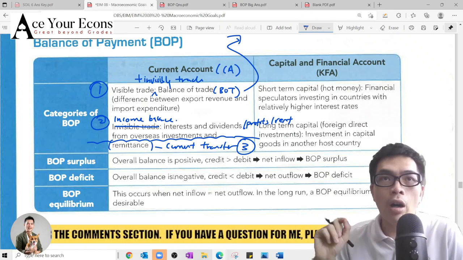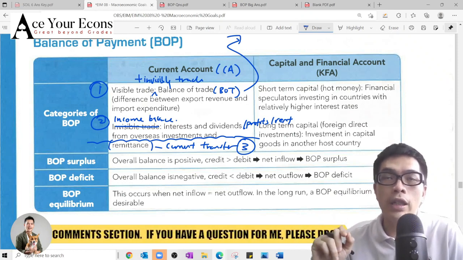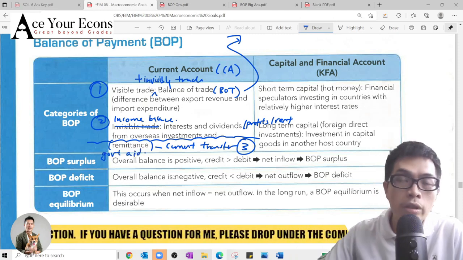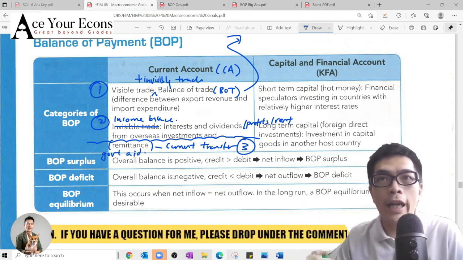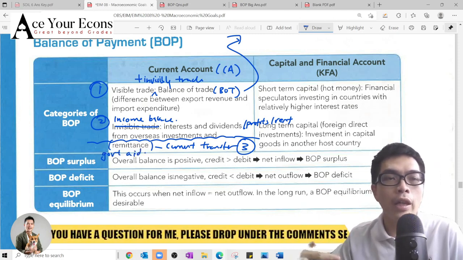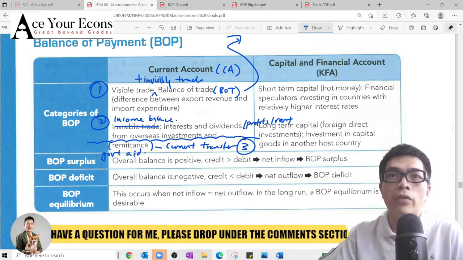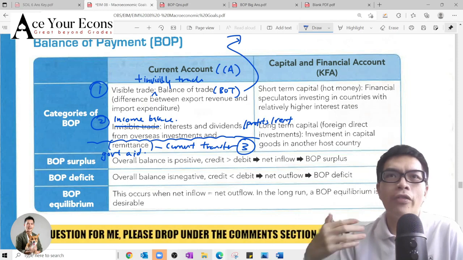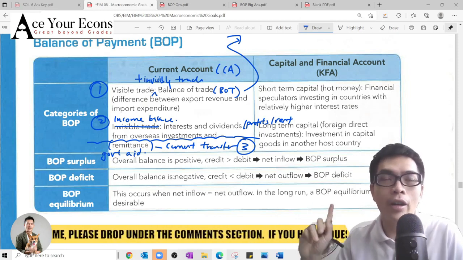One of the components of a current transfer, or what we call a unilateral transfer, is government aid. You see that a lot of countries are providing aid to Ukraine, in the form of loans, financial aid, weapons, and so on.